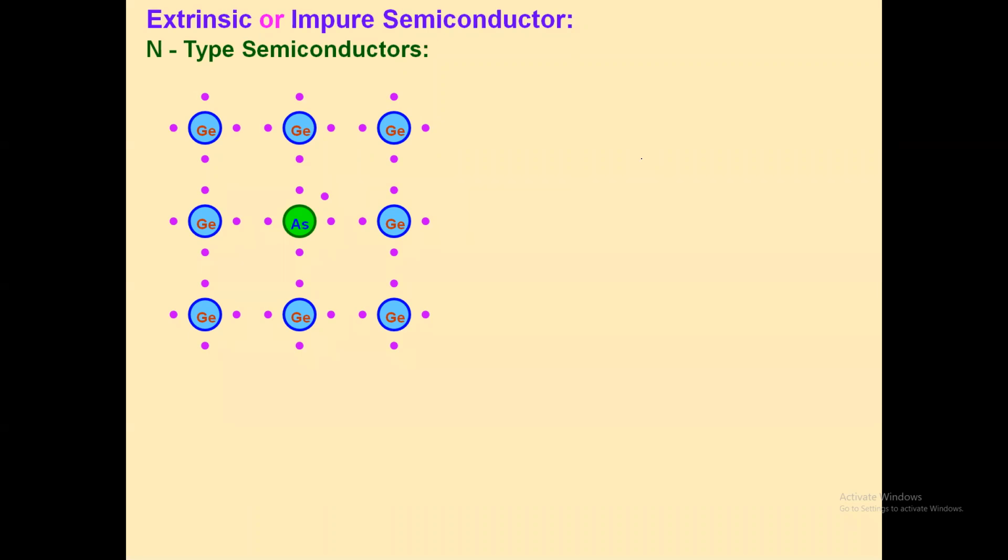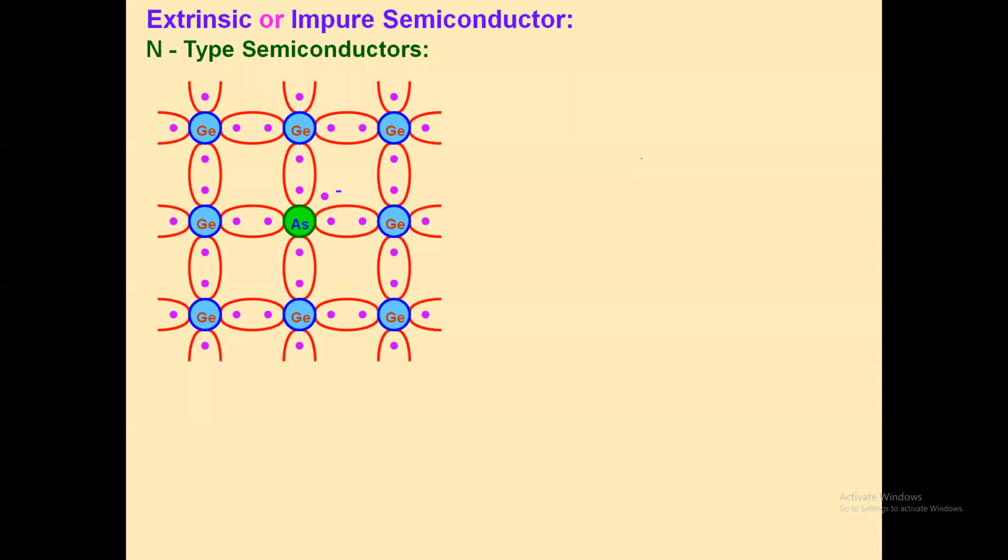It means that one pentavalent arsenic atom will give one electron at room temperature in the crystalline structure.